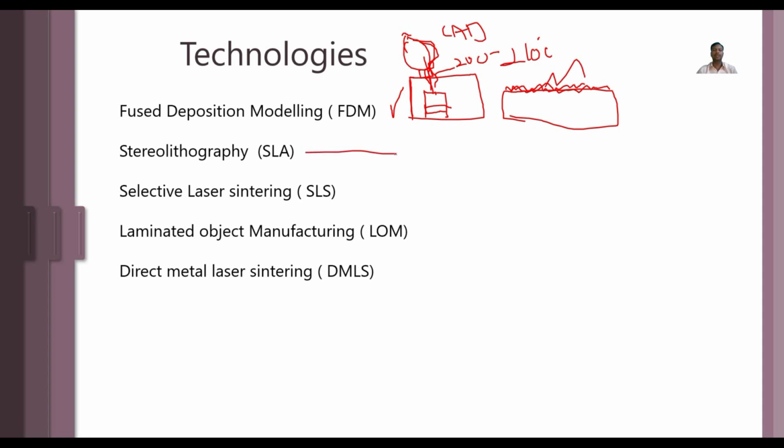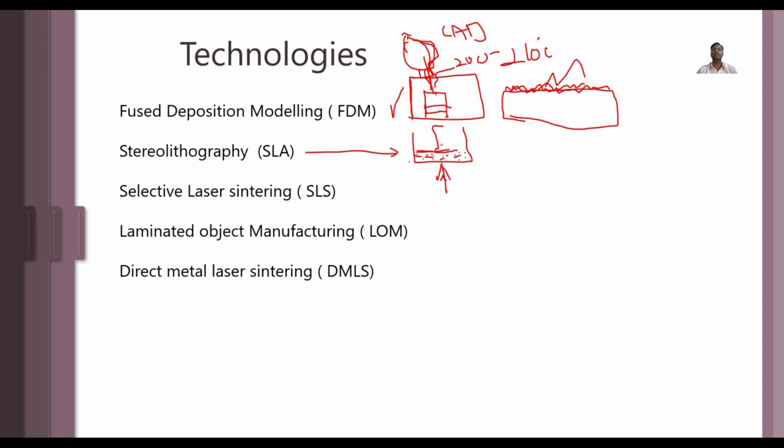Whereas in SLA, stereolithography, the build area is completely submerged in the resin. This photopolymer resin will react with the UV light, which is projected from below.